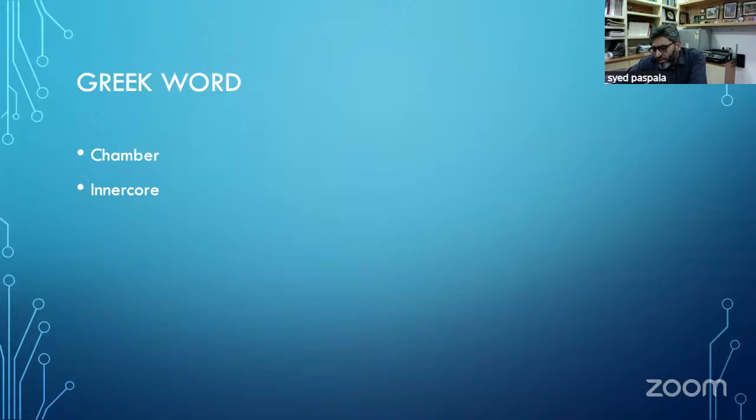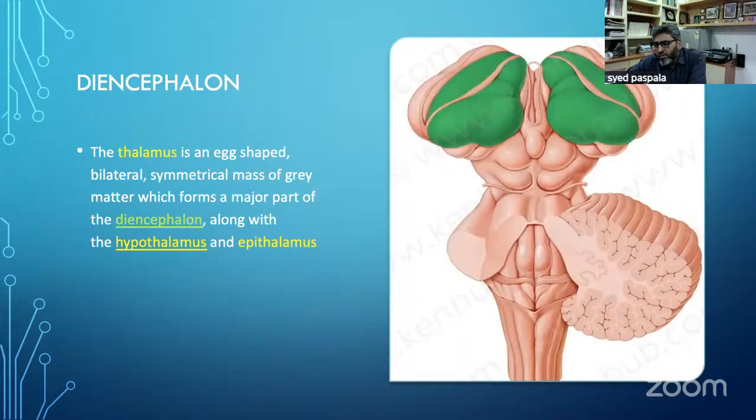So this is a chamber within the deeper part of the brain, and it is a collection of the gray matter in an egg-shaped structure, which is placed just above the midbrain on either side of the third ventricle, oriented at a 30 degrees angulation with the midline. So this is the anterior part of the thalamus and this is the posterior part of the thalamus. This is the angulation here. This is the third ventricle.